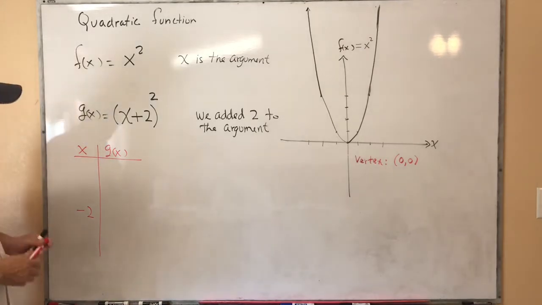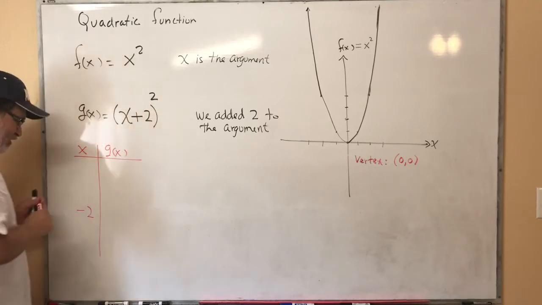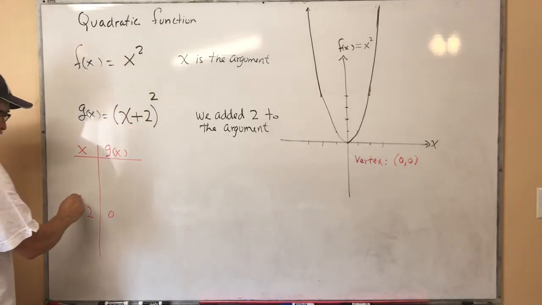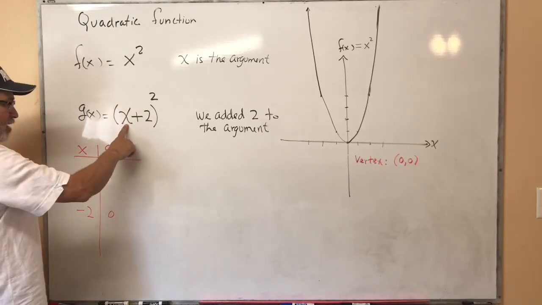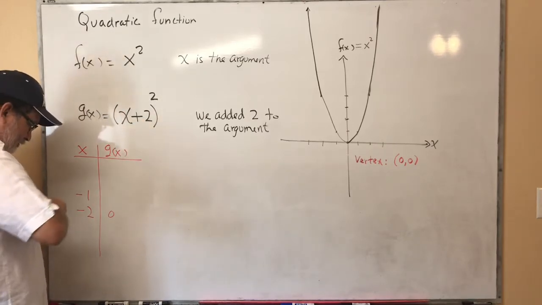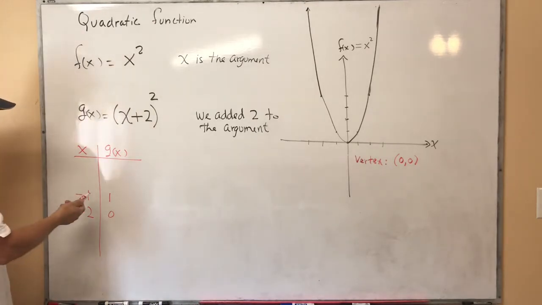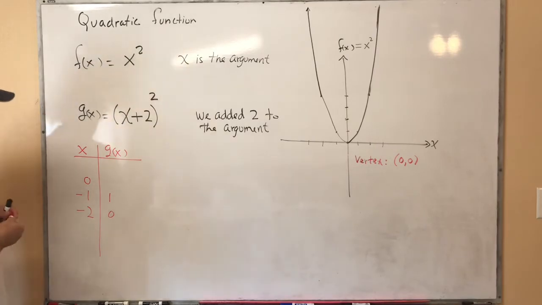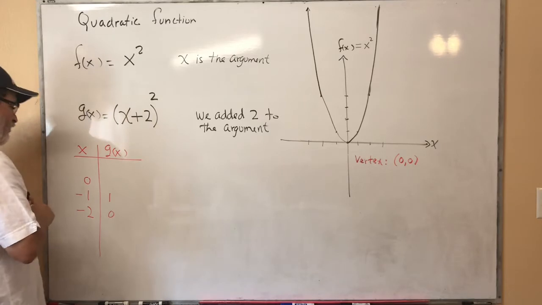What's -2 plus 2? 0. What's 0 squared? 0. Let x be -1. What's -1 plus 2? 1. What's 1 squared? 1. Let x be 0. 0 plus 2 is 2. What's 2 squared? 4.